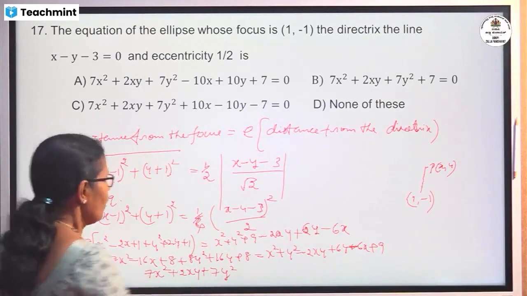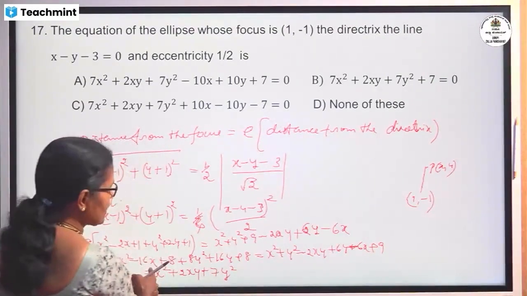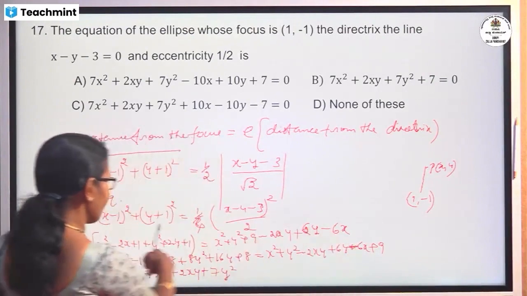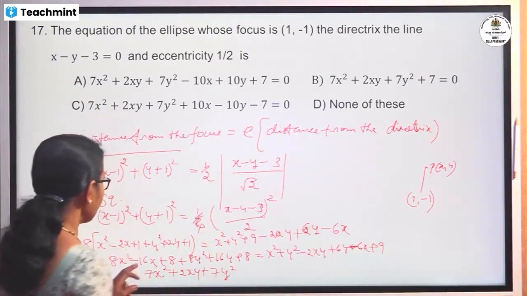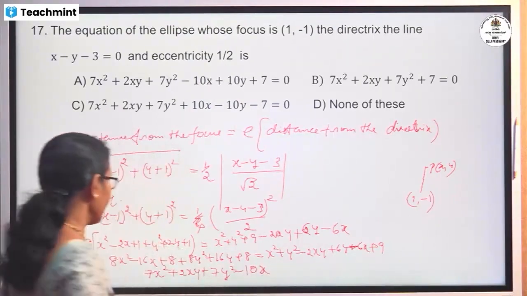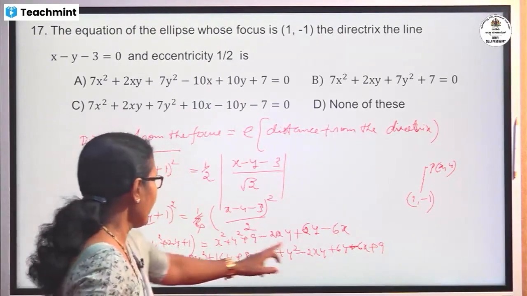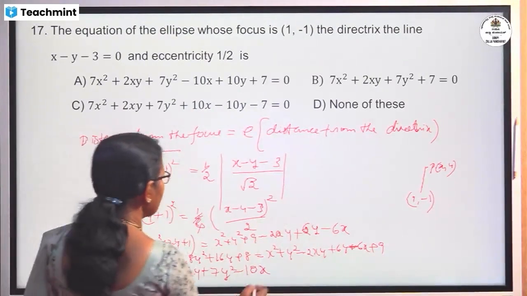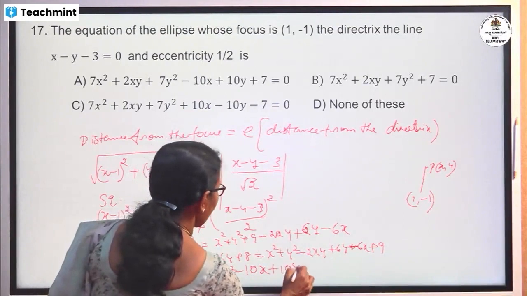Next, −16x, and here −6x brought to the left-hand side becomes plus, so we get −10x. Then 16y, and here +6y brought to the left becomes minus, so +10y.